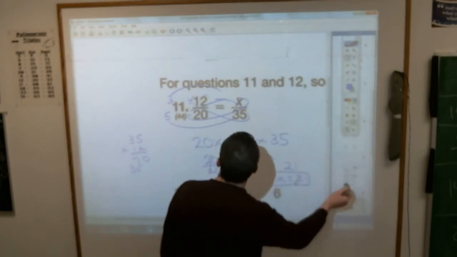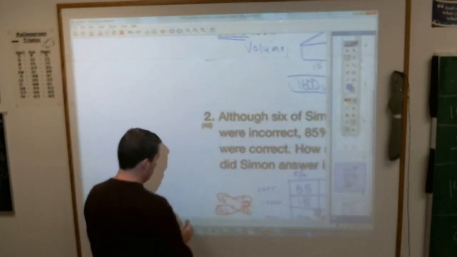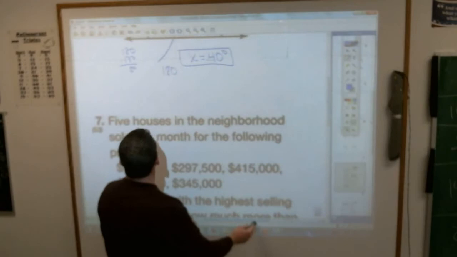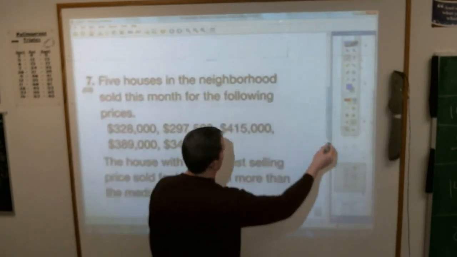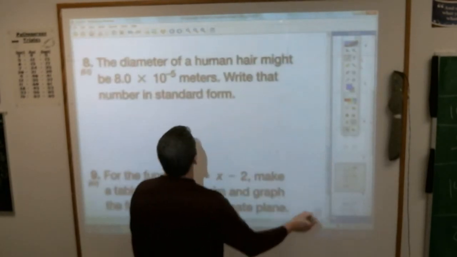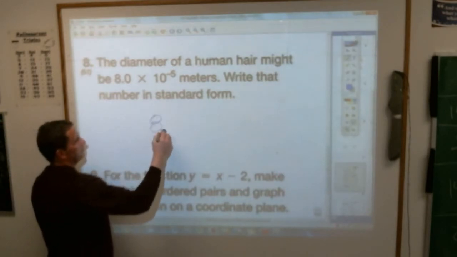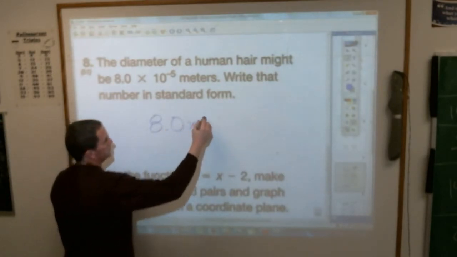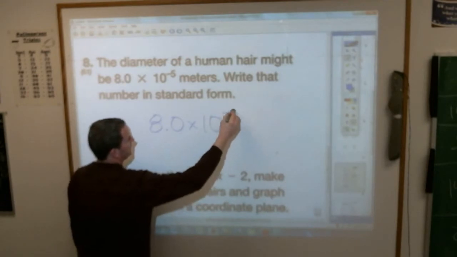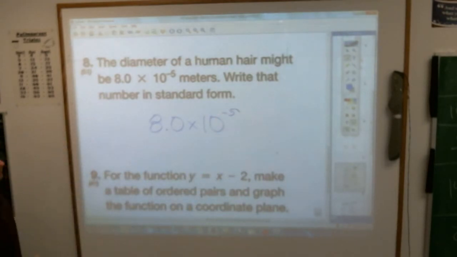Number 8. The diameter of a human hair might be 8.0 times 10 to the negative 5th meters. Write that number in standard form. What did you write? Now, there's not a lot of big math here.